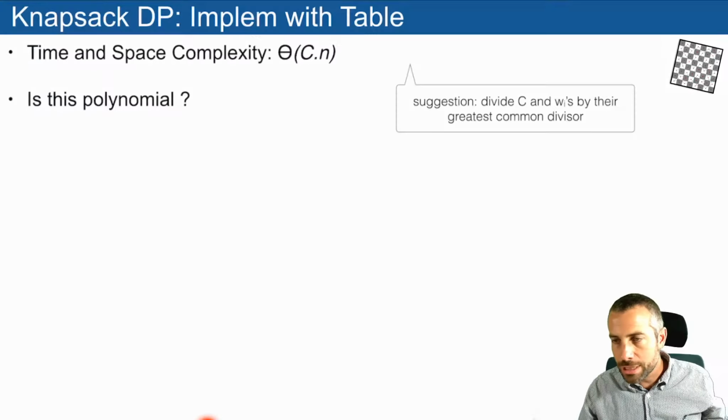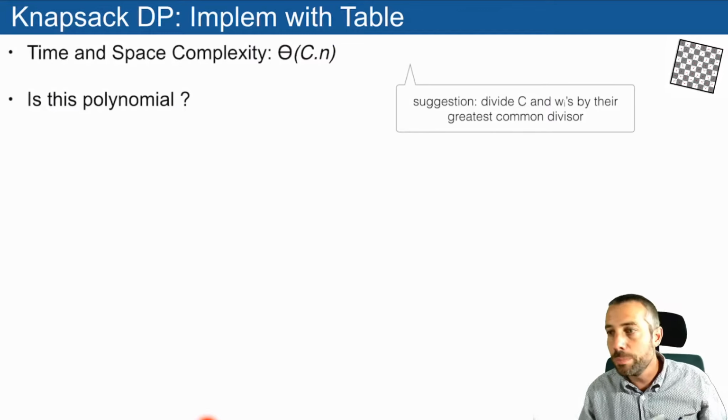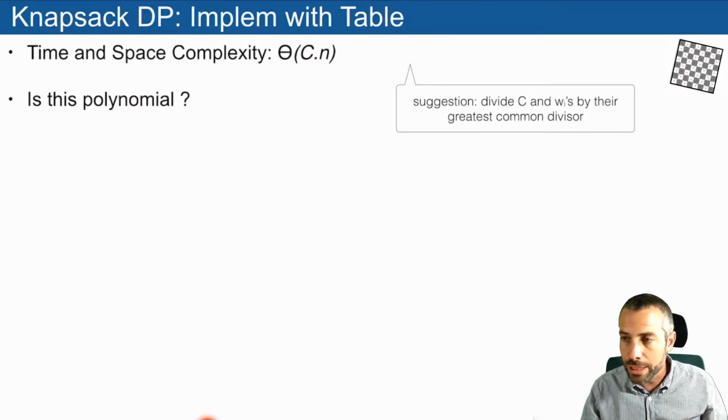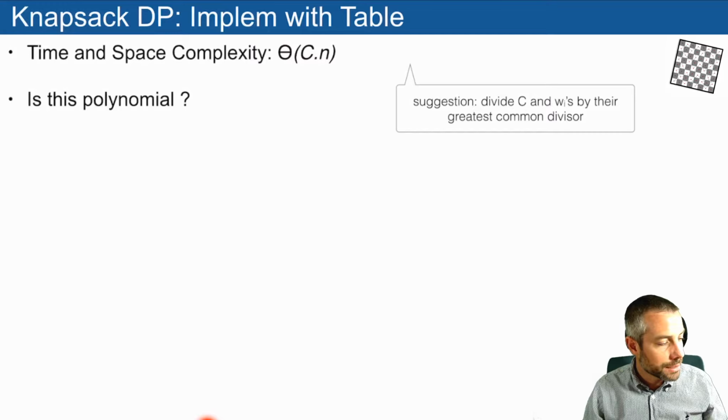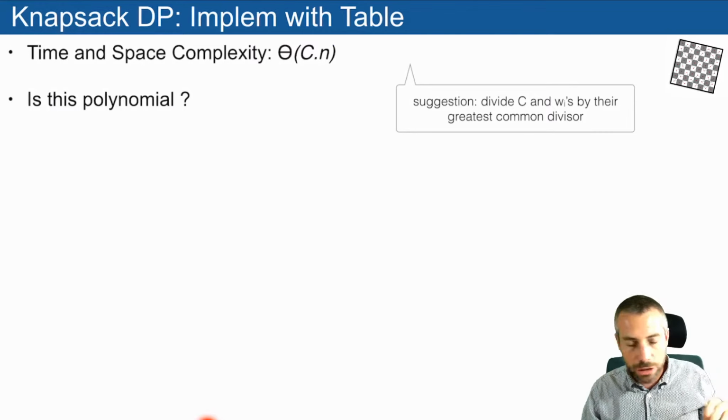Let's go back to the slide and study a little bit the time complexity of this algorithm. Since I'm computing every cell in constant time, the time complexity is simply the capacity, which is the vertical dimension of the table, times n, the number of items.